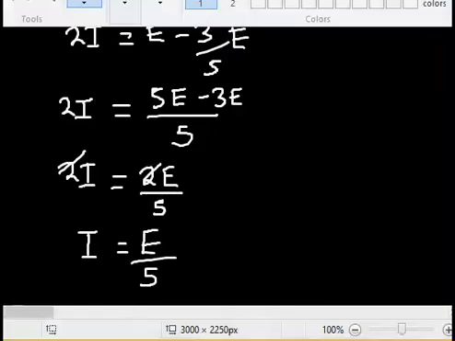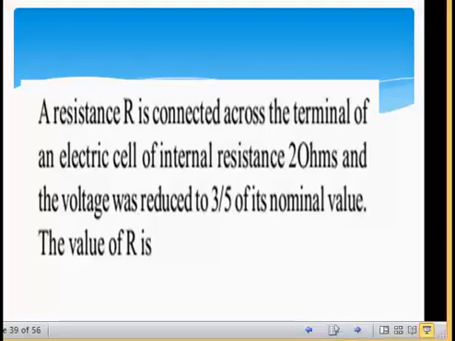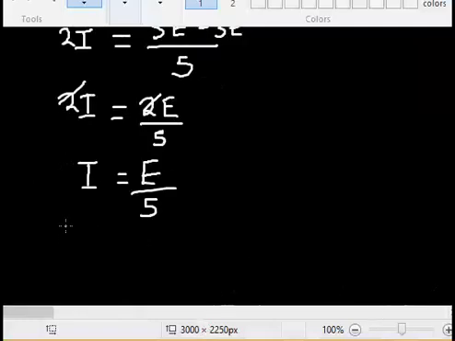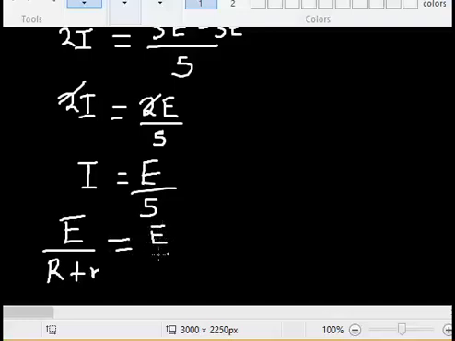Now the value of the big R is what we are looking for. Don't forget that I is given as E all over R plus small r, which is equal to E all over 5.